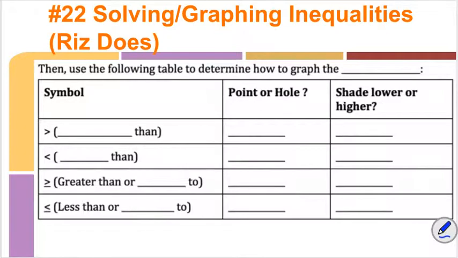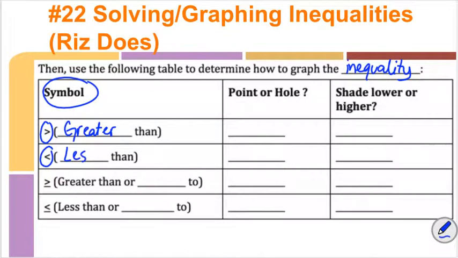Then you would want to use the following table to determine how to graph the inequality. So what you're going to do is look at your symbol table. This symbol right here is greater than. This symbol right here is less than.